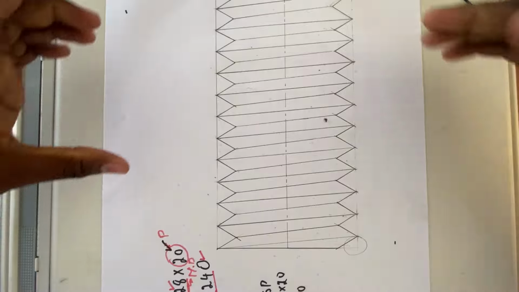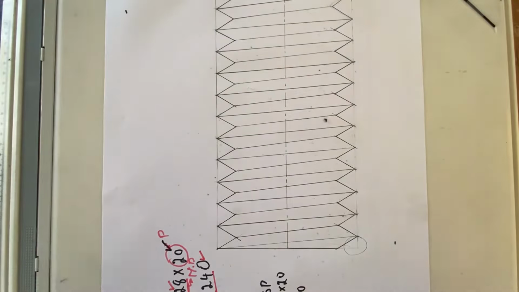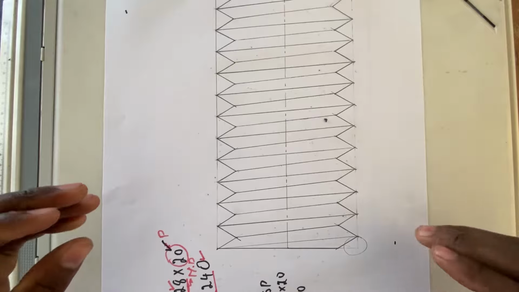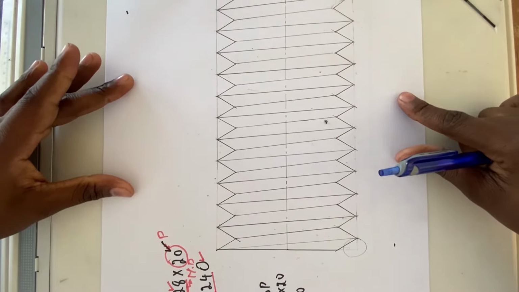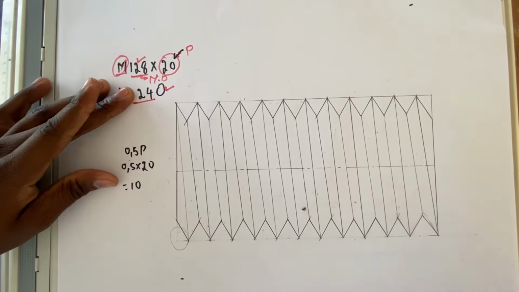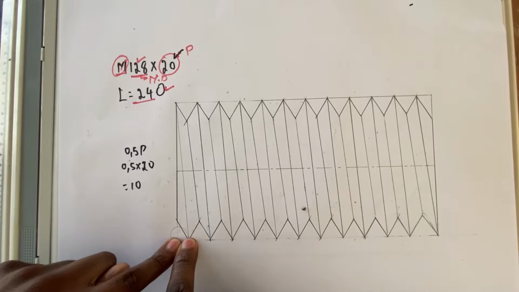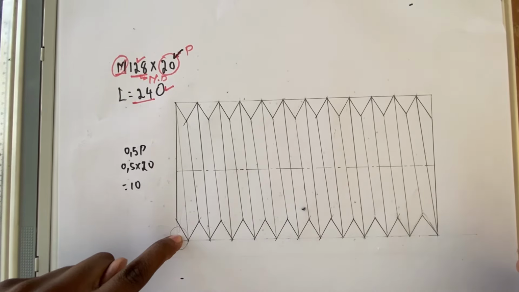When you're doing an external right hand screw thread, the 0.5 pitch will come at the right hand side. If you're holding it like this, the 0.5 pitch will come at the bottom on your right hand external screw thread.